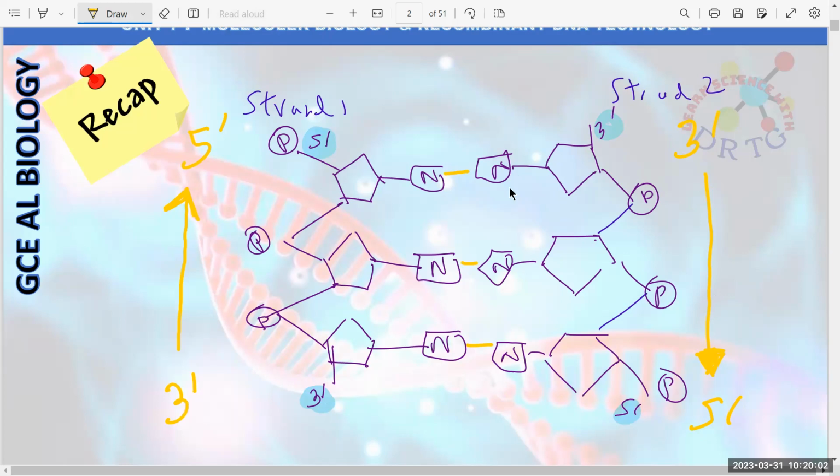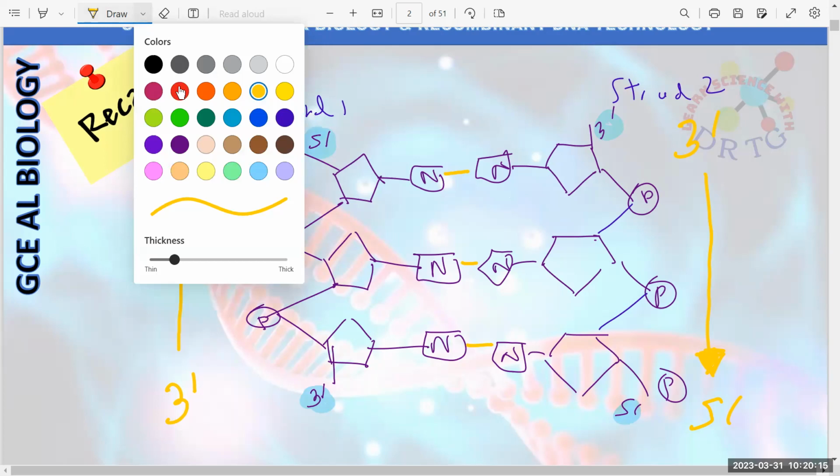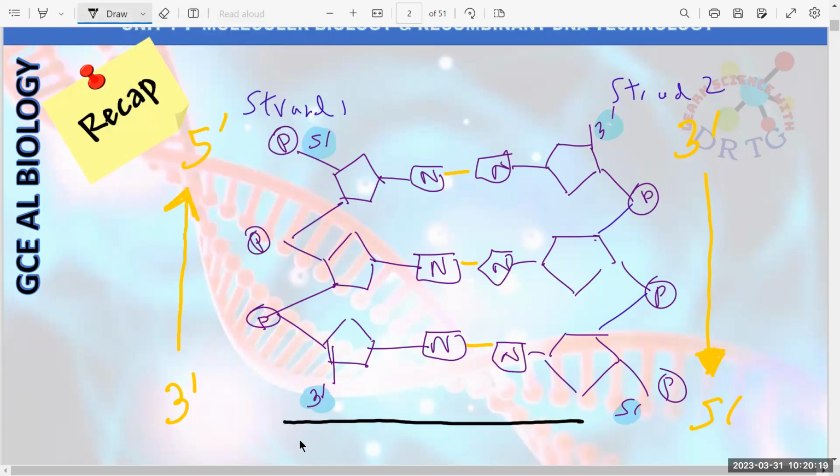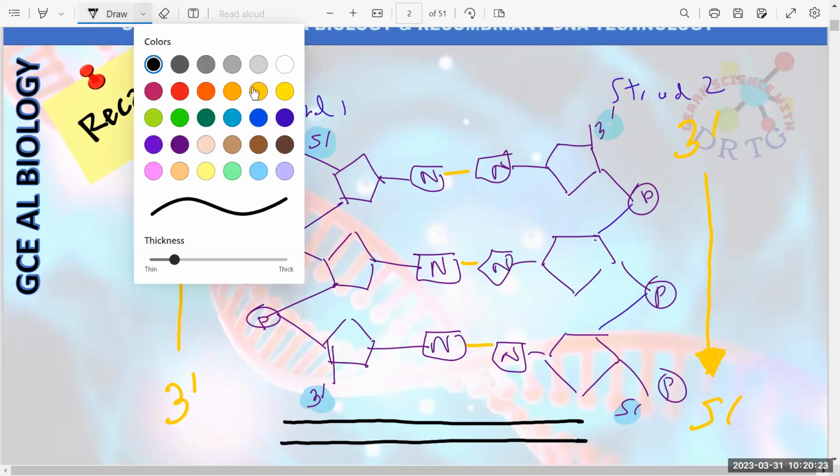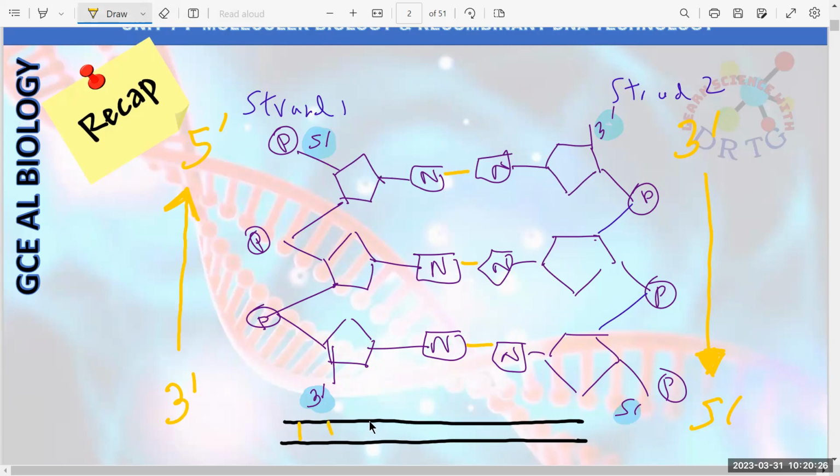So in the DNA molecule, one strand is running 3 prime to 5 prime, and the other strand is running 5 prime to 3 prime. That means if I draw it again, this is one strand and this is another strand. These strands are joined together by hydrogen bonds between the bases.